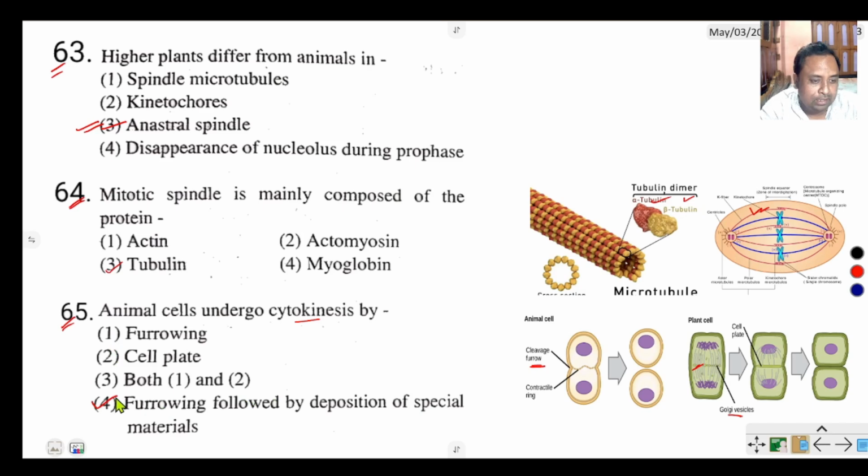That is not 4, this is the furrowing. Only 1 is the correct option. But in the case of a plant cell, not a furrow but deposition of special material like Golgi bodies and phragmoplast.